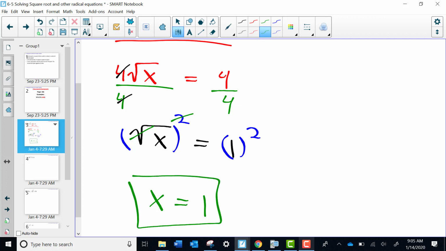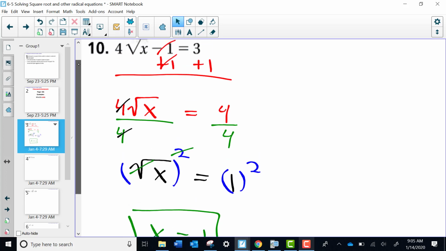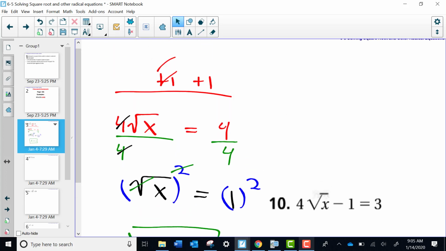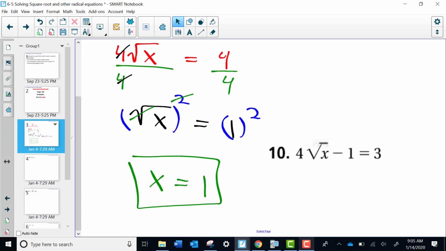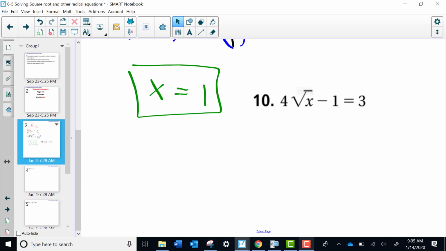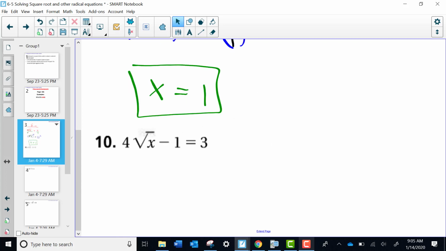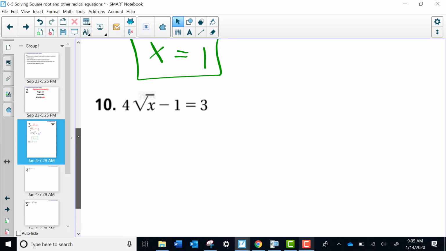When solving radical equations, we have to check our answer. So if x equals 1, let's do a quick check and see if that works out.